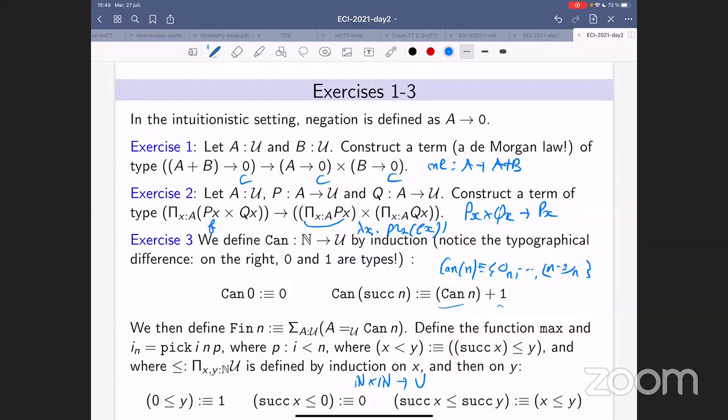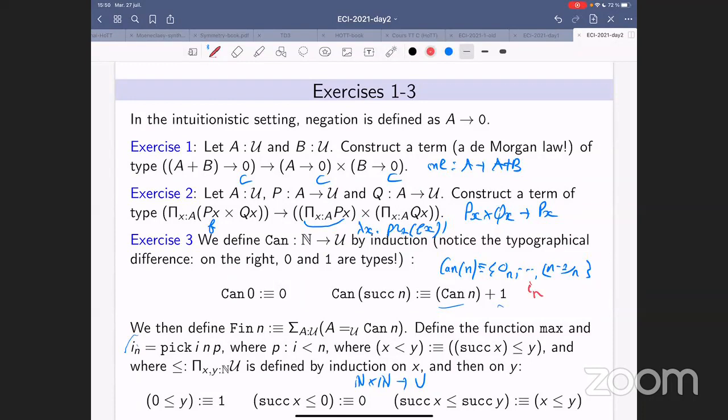And you need this in order to define this function properly, because this makes sense only if i is strictly less than n.